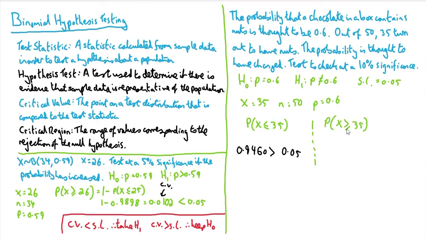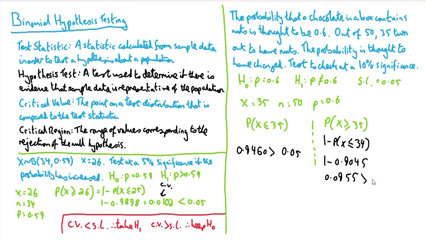As for the other side, because this is a greater than or equal to, we're going to need to switch it around. We'll need to make it 1 minus the probability of x being less than or equal to 34. This, if you put it in your calculator, should get you 1 minus 0.9045, which would then equal 0.0955.